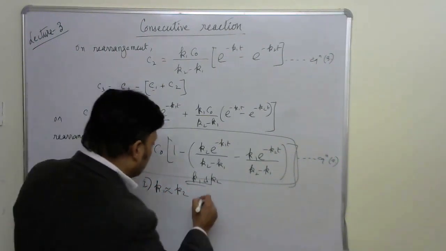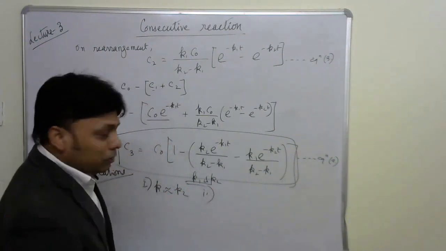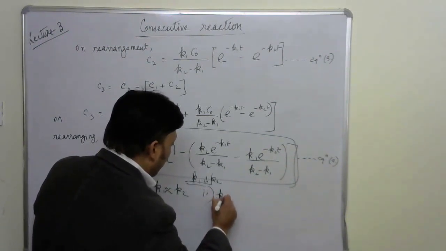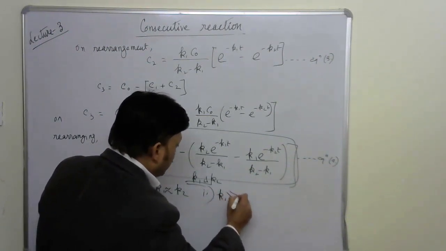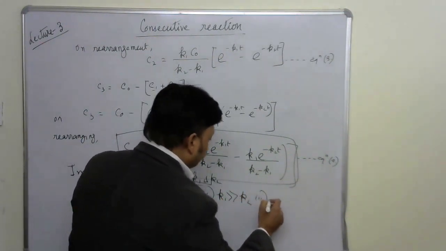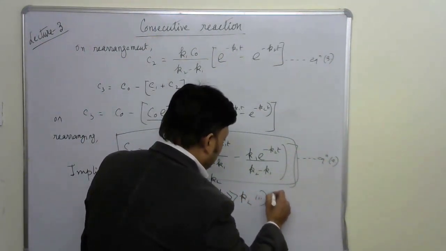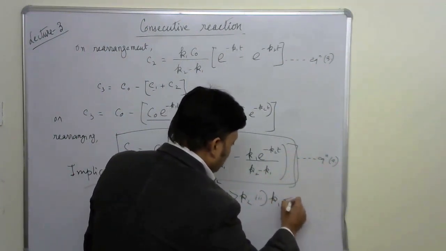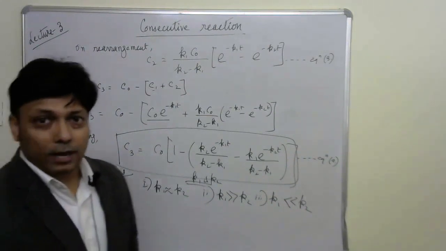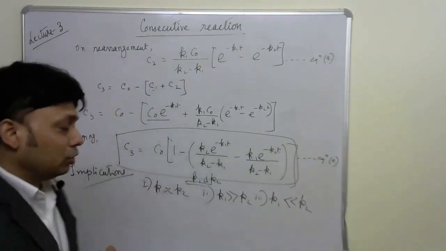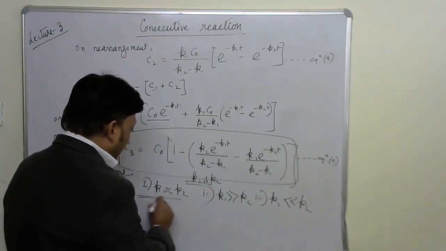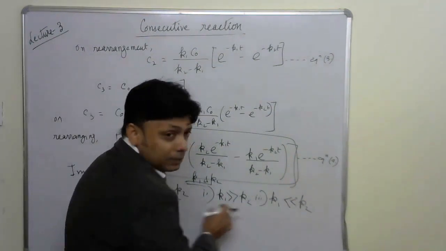Number 2, where K1 is much greater than K2. And a third possibility, that K1 is much less than K2. That means in one case K2 is negligibly small, and in another case K1 is negligibly small. So we will come to that part later. Now let's discuss these two cases.